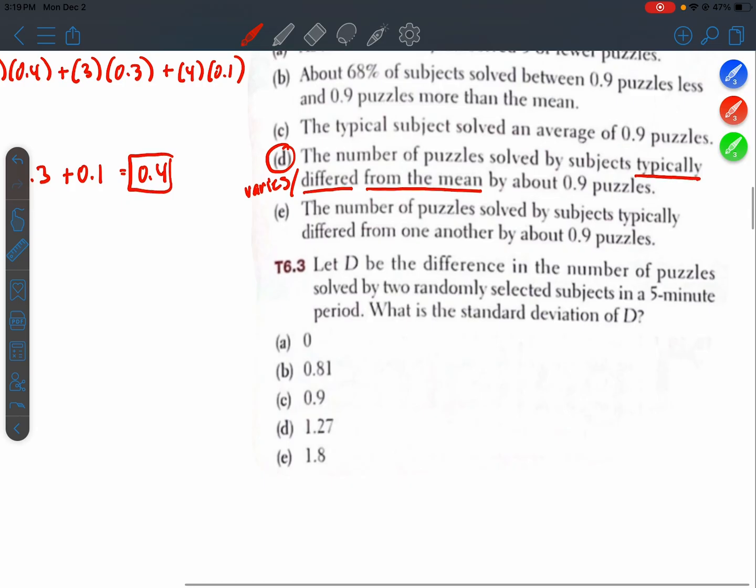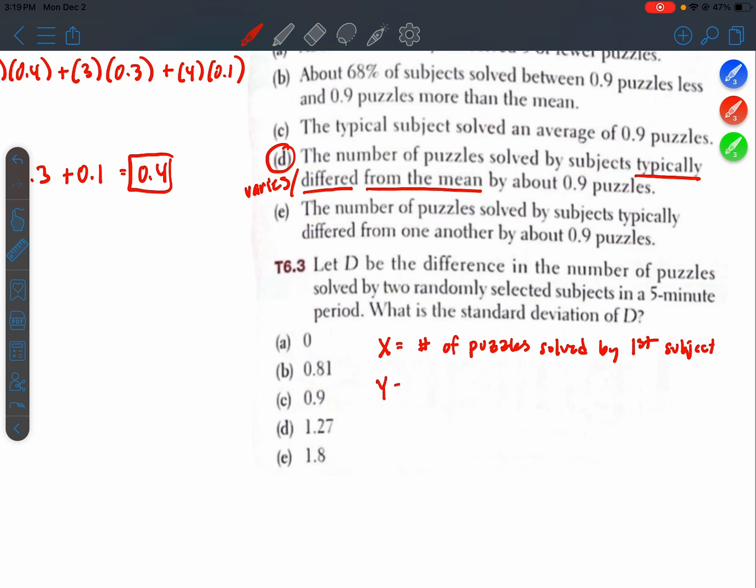Question 3. Let D be the difference in the number of puzzles solved by 2 randomly selected subjects in a 5-minute period. What is the standard deviation of D? Let's continue to use X to be the number of puzzles solved by the first subject.